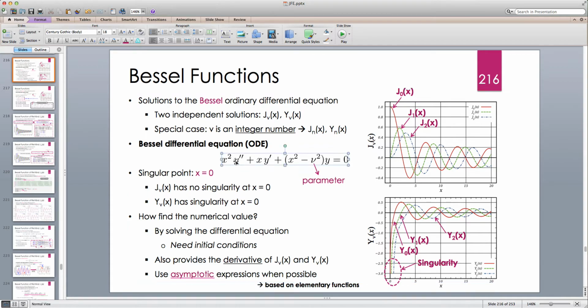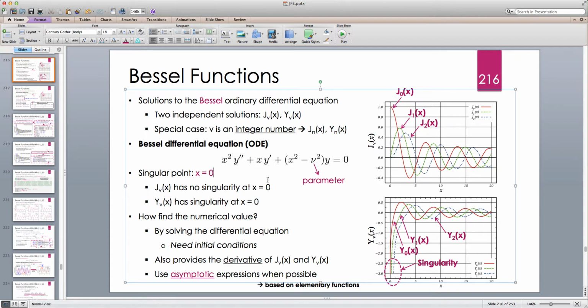And if you are familiar with the theory of differential equations, you know that a linear second order differential equation must have two linearly independent solutions in order for us to be able to write down the general solution of the differential equation, right? So if nu is an integer, J nu and J minus nu are not linearly independent.